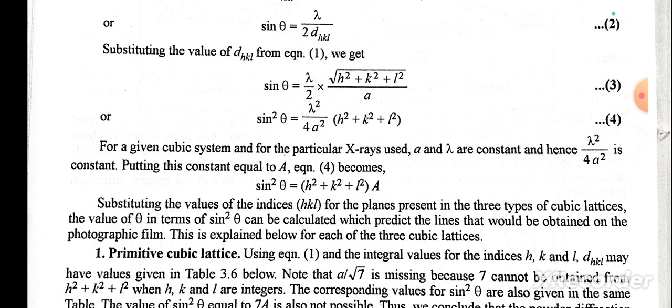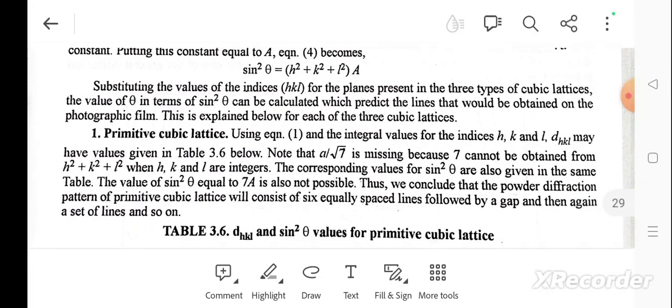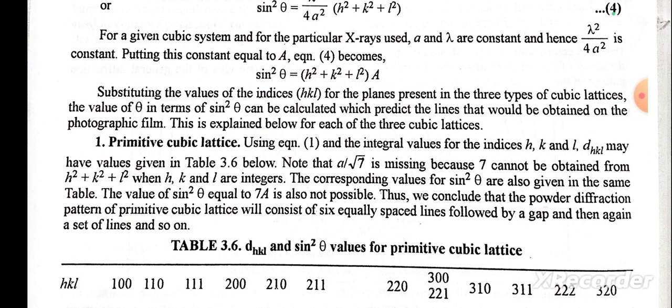Substituting the value of d_hkl from equation 1, we get sine square theta is equal to lambda square by 4a square into h square plus k square plus l square. For the given cubic system and a particular X-ray, a and lambda are constant, and hence lambda square by 4a square is constant.